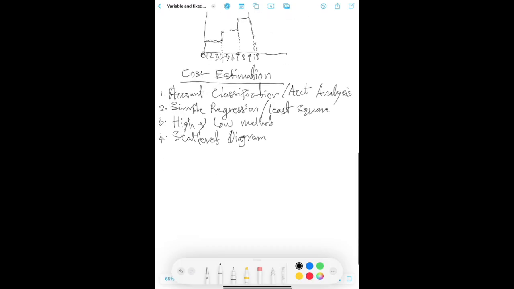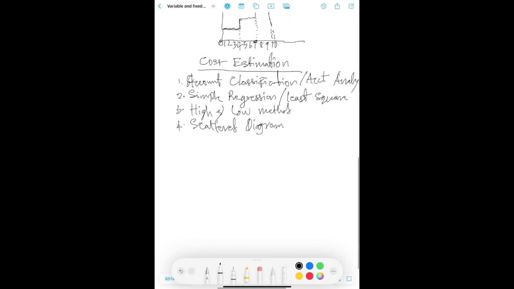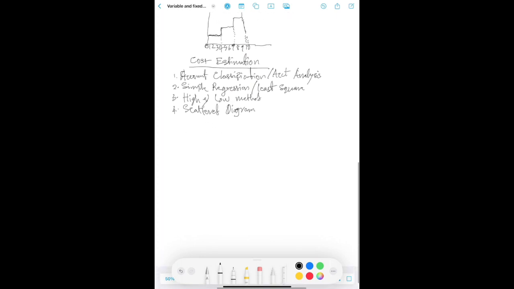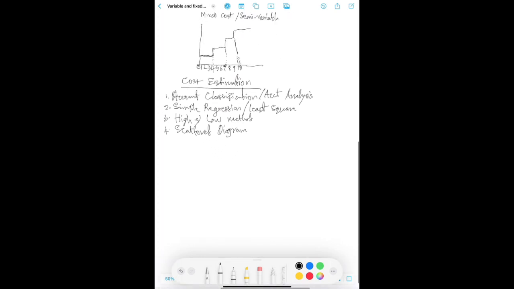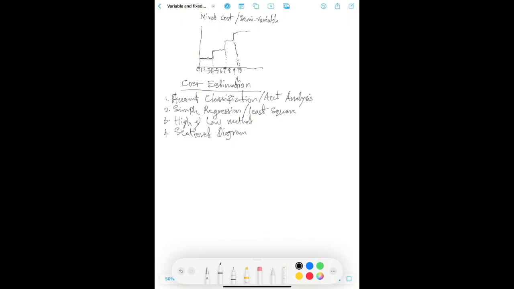So we'll quickly look at how you separate a cost into variable and fixed. First of all, before we go to that, we have what you call the cost function.